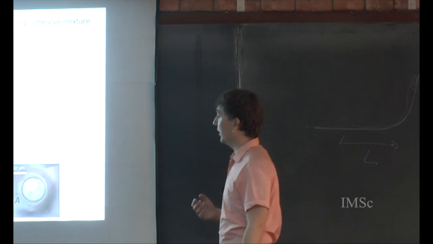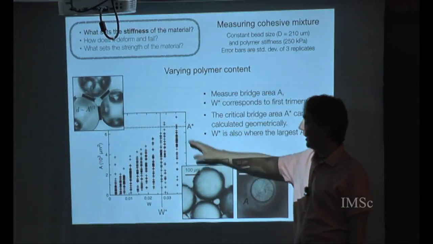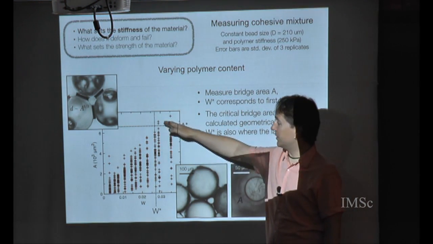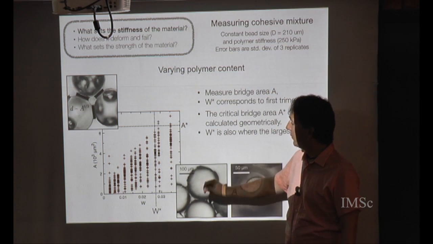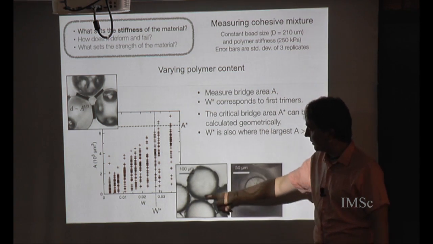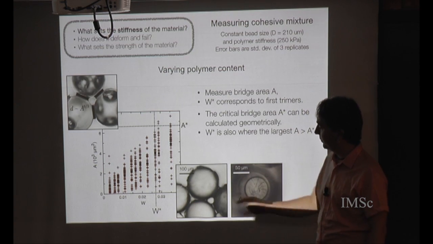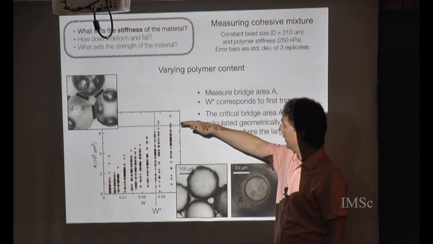We can measure that directly. We can look at the cross-sectional area of the bridges under different cases. So we make a material, we look under the microscope, and there's a large variation in the size of the cross-sectional area. The black dots are the averages, but the first places where we see trimers, where the liquid is filling into the space between the beads, also corresponds to A star.